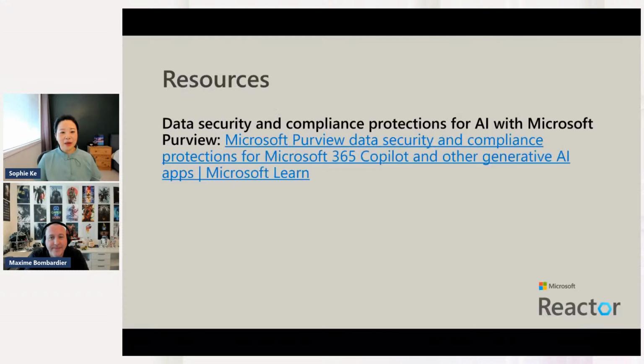And then there are some resources that I will flash by. We'll share that in the chat. There are resources on how to use both data security and compliance solutions to secure and govern AI with Microsoft Purview.